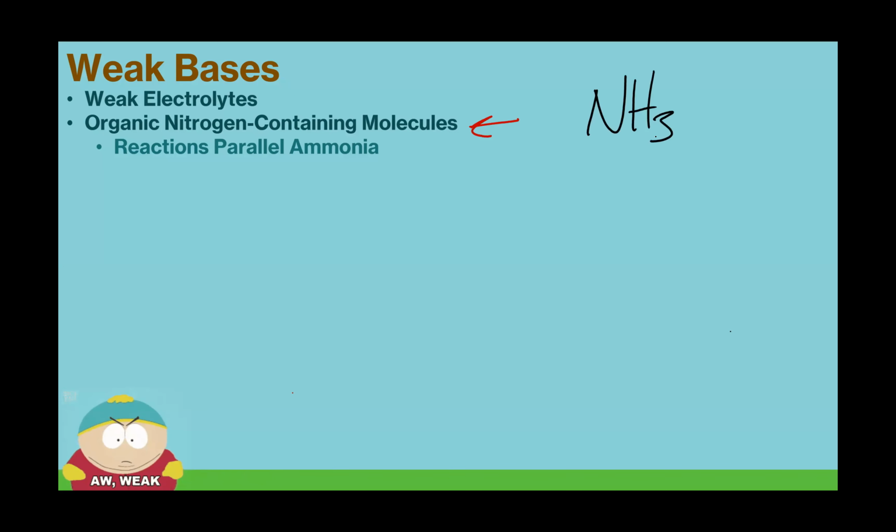We kind of saw this already. For example, if we had methylamine, or maybe let's do it with dimethylamine, (CH3)2NH. It has a hydrogen on it, but it's not acidic. These work by reacting with water. This is the same thing that ammonia does.